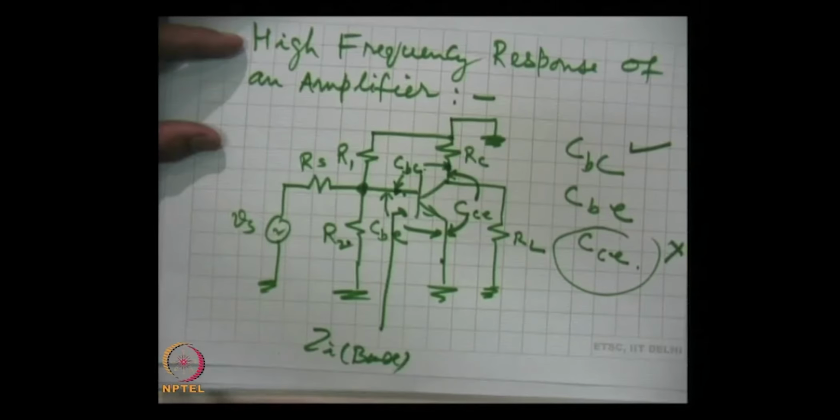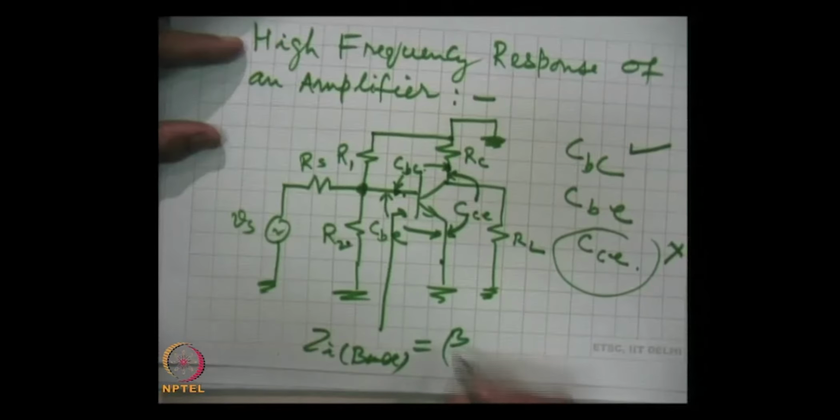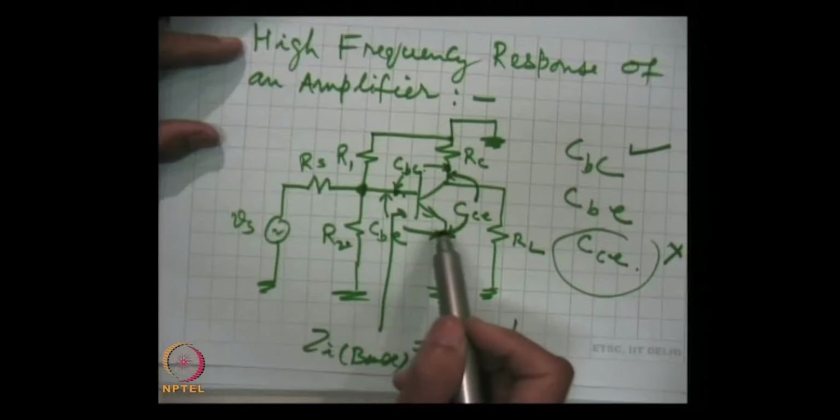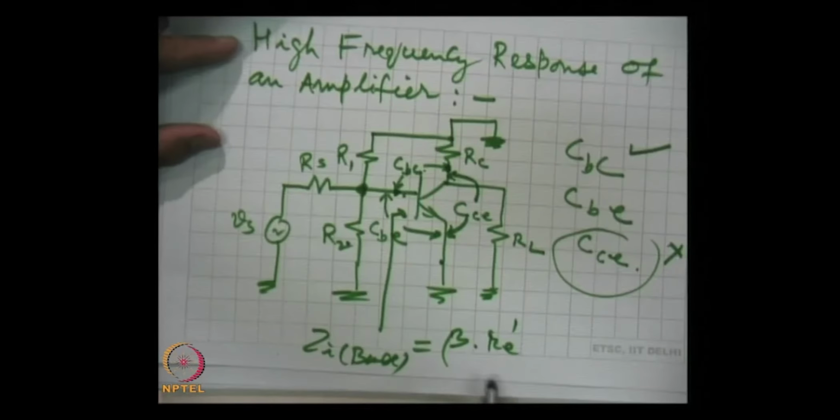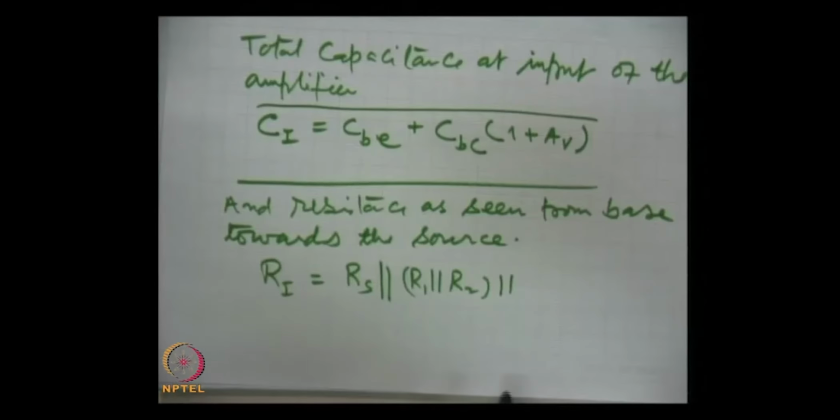When we calculated using r parameters, then we called this as ZI base, and you should remember this is equal to, if beta is the current gain, then RE effective, here effective is only whatever is the dynamic resistance of the emitter junction. So, this has to be in parallel with this.